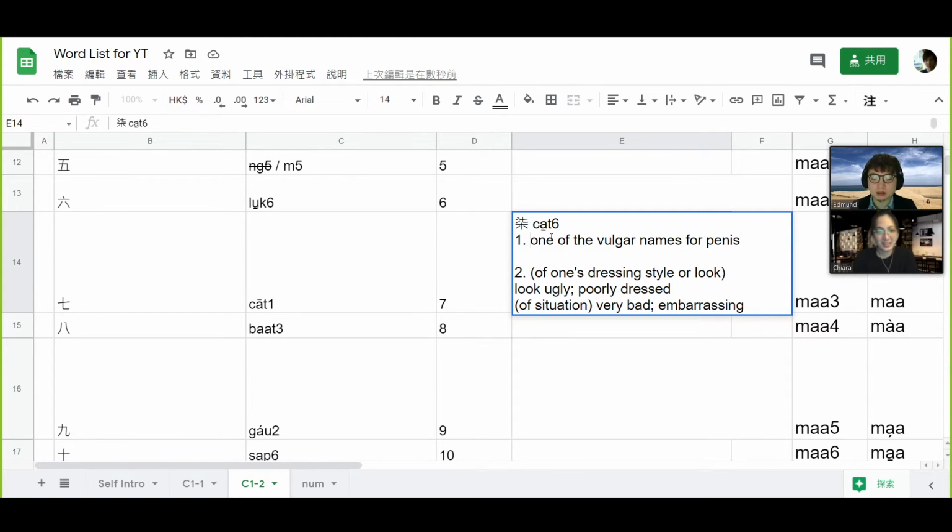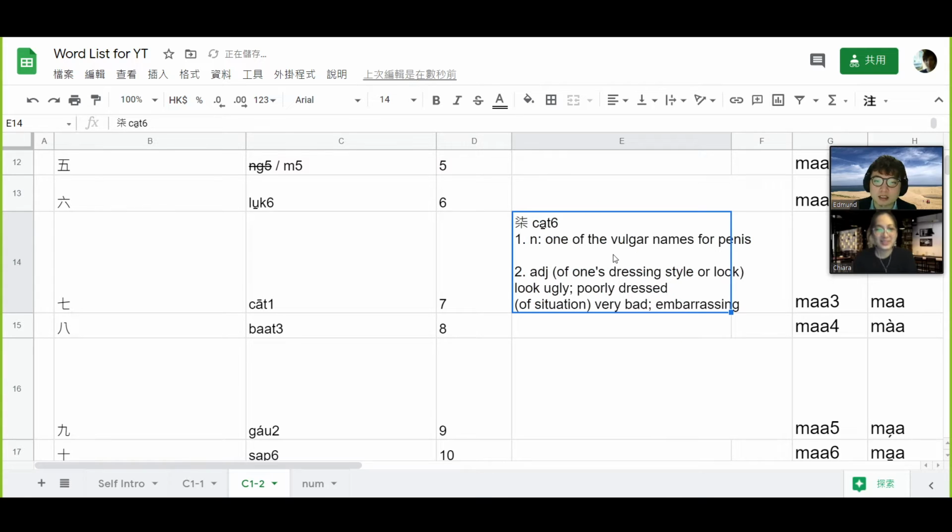So of course, this meaning is like a noun, right? But for this, it has another meaning, which is very commonly used also as an adjective. It means someone is not well dressed, or you did something stupid, and then you will use 好柒. It's embarrassing, bad. So all kinds of bad meaning.